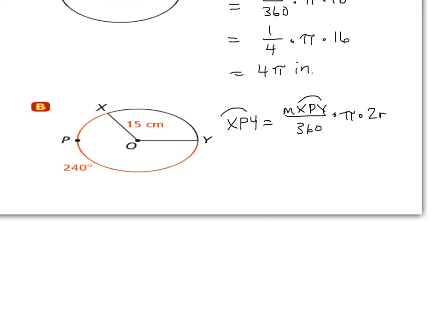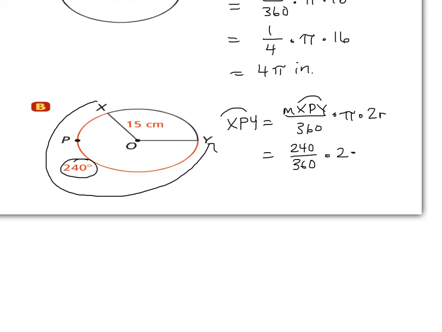Now, obviously, you could use the diameter if you wanted to. So how much is arc XPY? Here's XPY from X to P to Y, and it says here that it is 240 degrees. So I'm going to substitute that in: 240 divided by 360 times 2 times pi times the radius of 15.